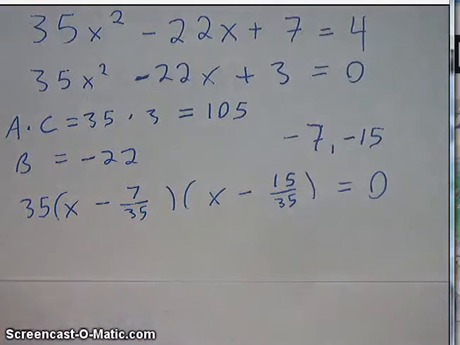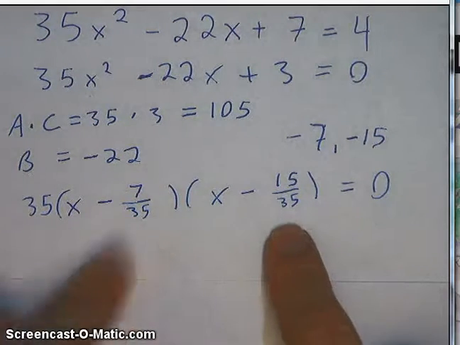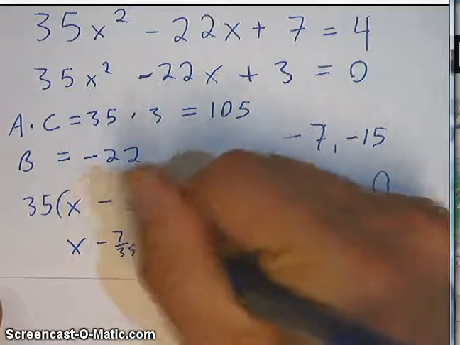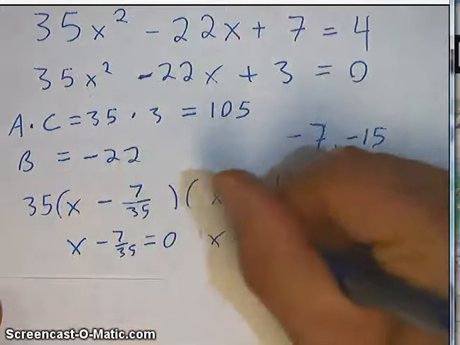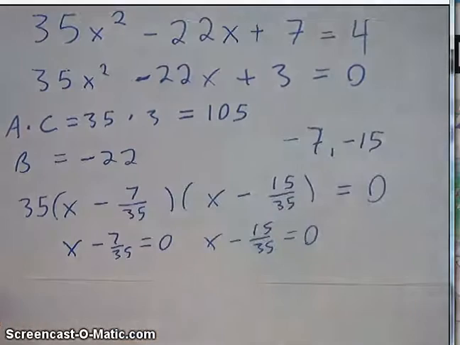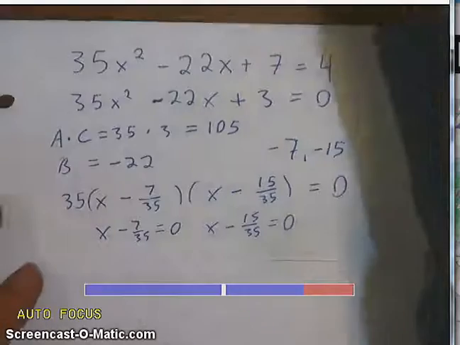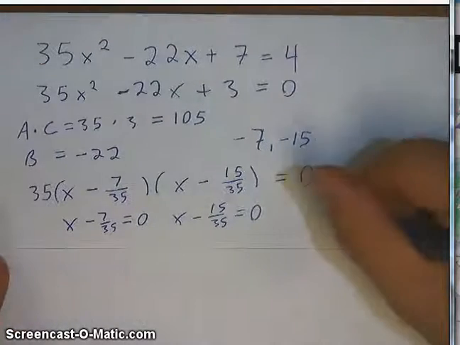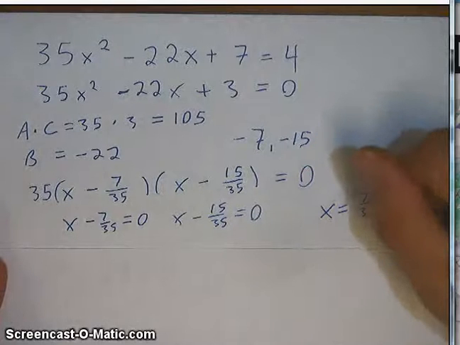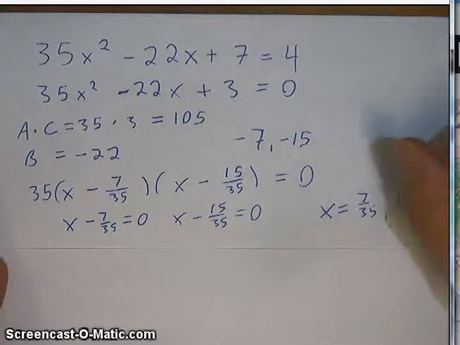So I can take the two factors and set them equal to 0. x minus 7 over 35 equals 0, and x minus 15 over 35 equals 0. So my solution is simply x equals positive 7 over 35, comma, 15 over 35.